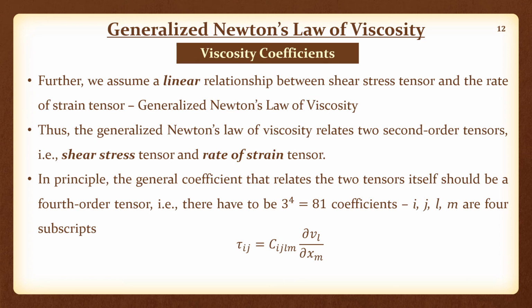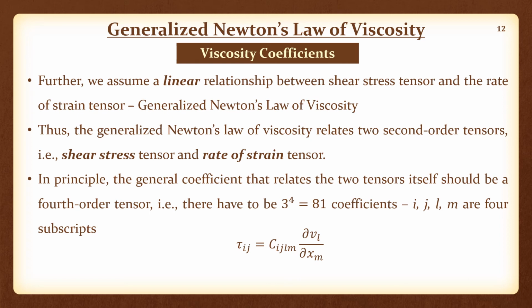In principle, the general coefficient that relates any two tensors should itself be a fourth order tensor. Does this make sense? I am not sure. So there could in principle be a fourth order tensor that could relate two tensors. Now let us reduce this.